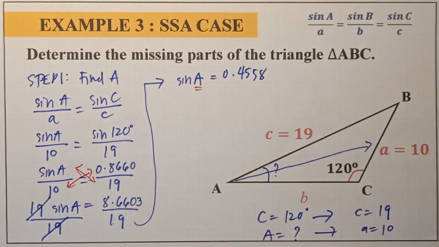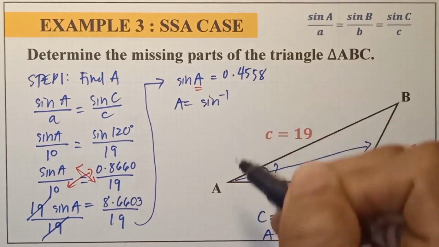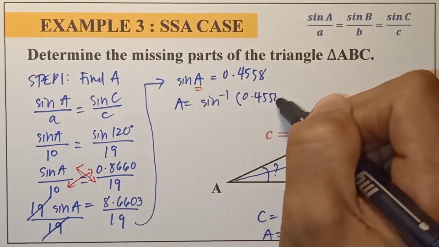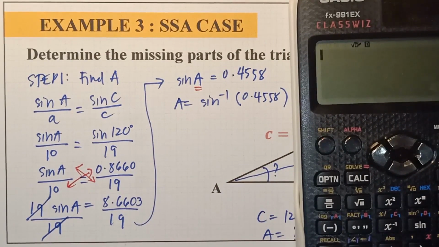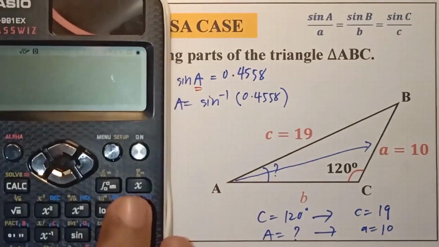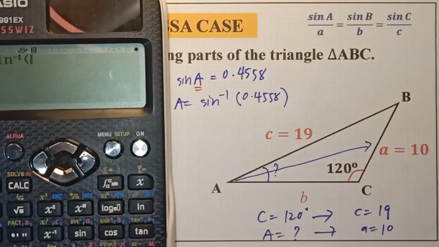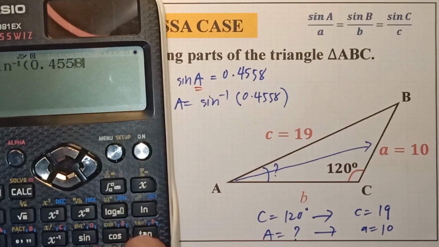Now, we're looking for angle A. So, A is equal to arc sine of 0.4558. Using your calculator, that is shift sine 0.4558.